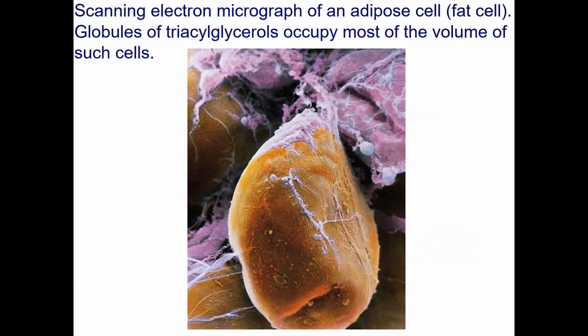Fatty acids cannot serve as fuel for the brain mainly because they are typically bound to a protein called albumin in your blood plasma. And when they are bound to albumin, they will not be able to cross the blood-brain barrier. Okay, something to just keep in mind.